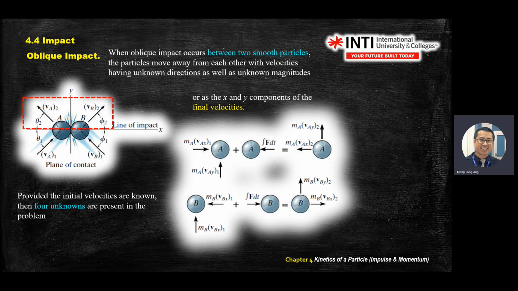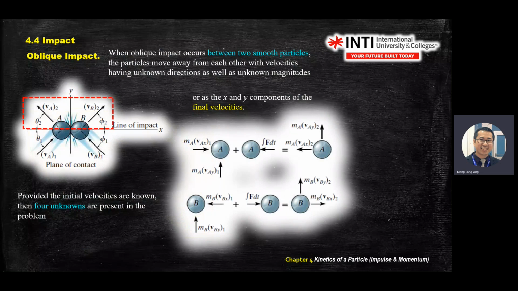Which means in this case, we assume all the positive to the right, x-axis is positive, going up is positive. So you split the diagram on the left to the one that you see on the bottom here, right? So here you focus on A, you do one for A, then you do one for B. Don't mix two bodies. You see one object first, then you do the second object. Don't confuse two objects. Right.